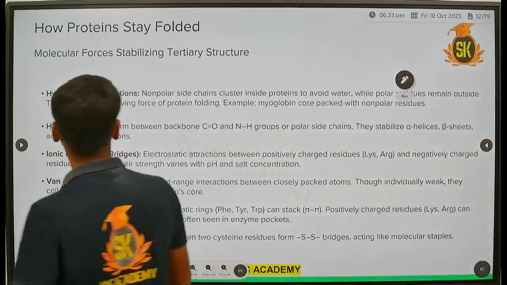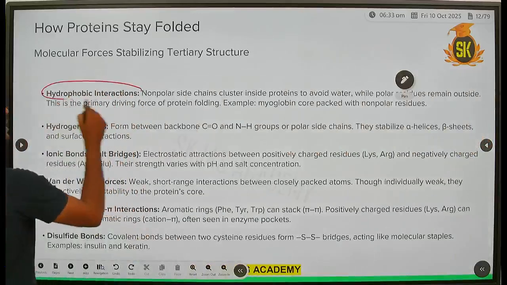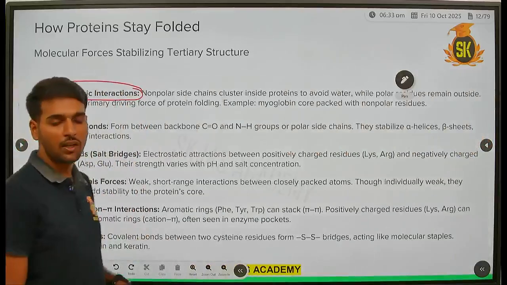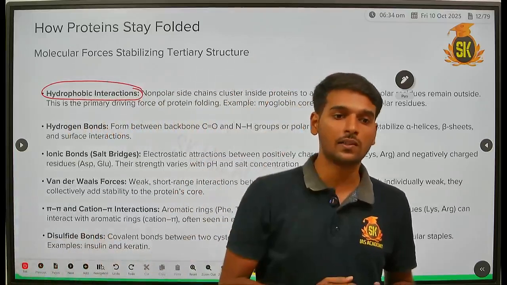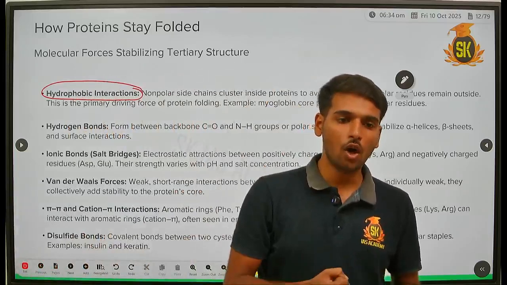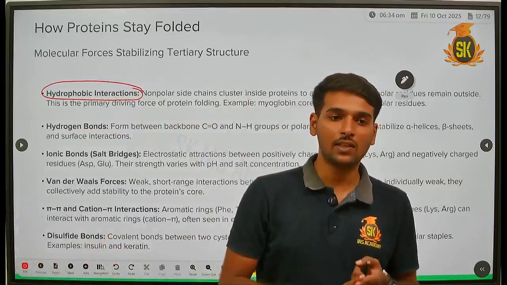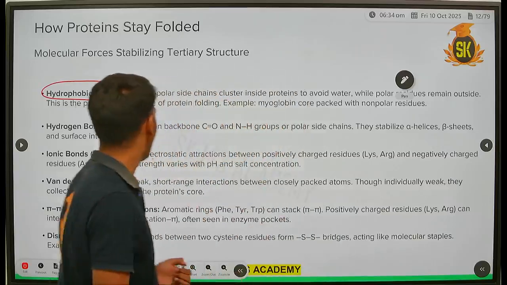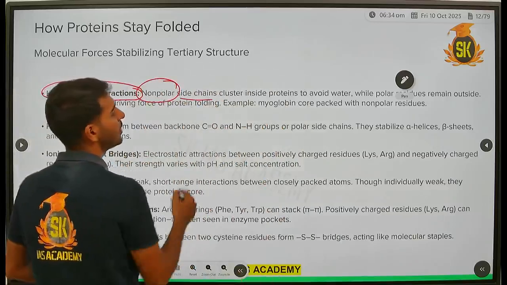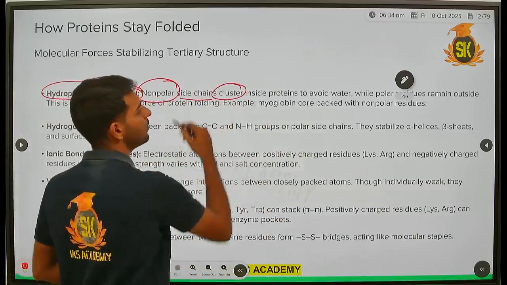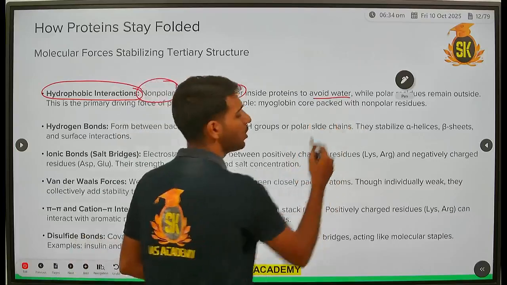So first is your hydrophobic interaction. Remember when we discussed regarding the amino acids, we classified amino acids into polar, non-polar, acidic, basic. In hydrophobic bonding, what happens is non-polar side chains cluster inside to avoid water. Why?